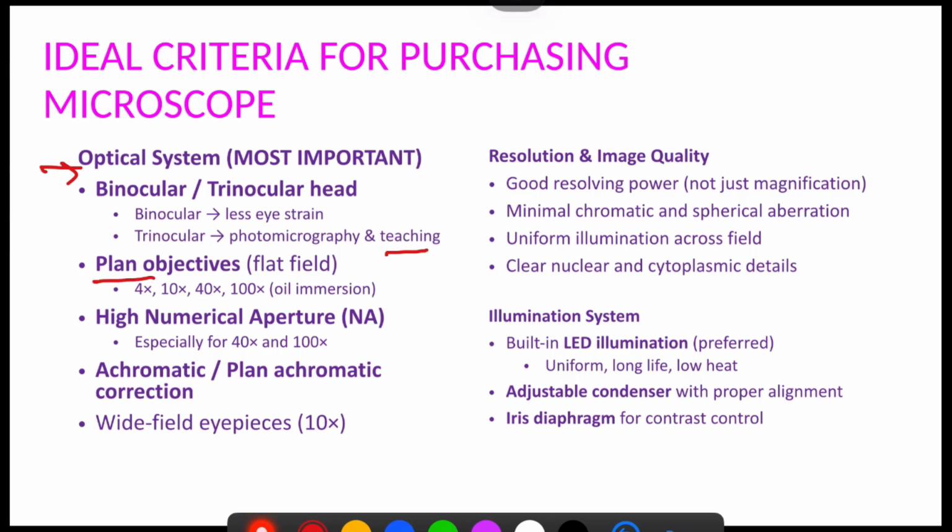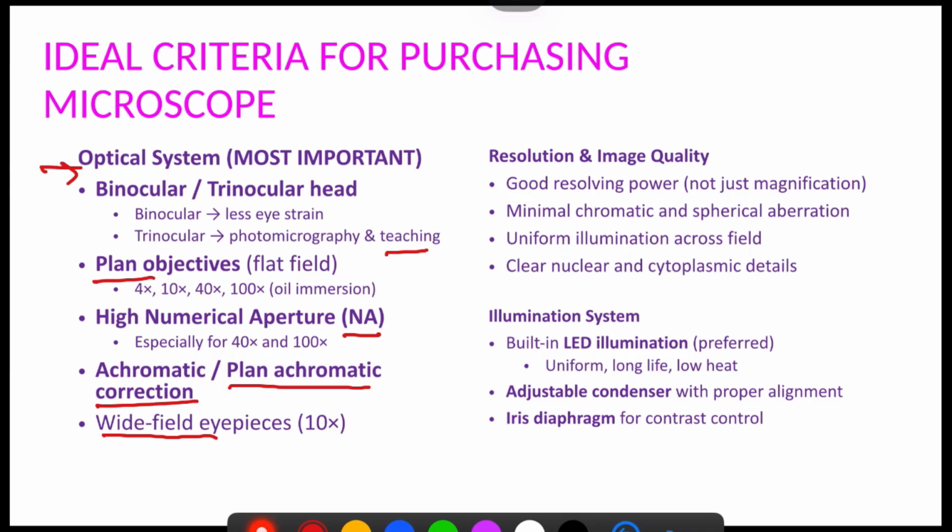Always use plan objectives, meaning flat field, or plan achromatic, mostly 4, 10, 40, 100. Use them with high numerical aperture and plan achromatic correction, which is important. Then the eyepiece, wide field 10x, is very helpful.